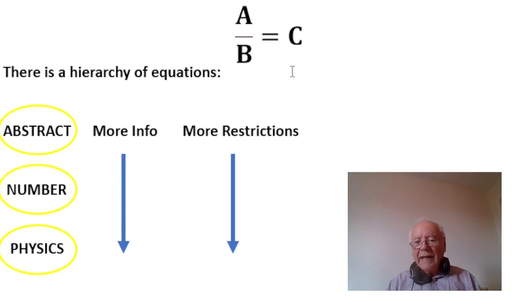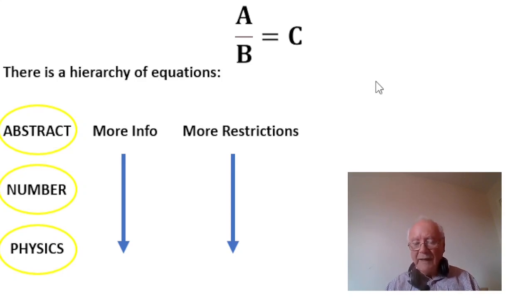So A over B equals C. If we don't define A, B, and C, then this is a maths equation, and it's an abstract equation called a formal equation. No restrictions. We can manipulate A over B equals C any way algebraically we like.